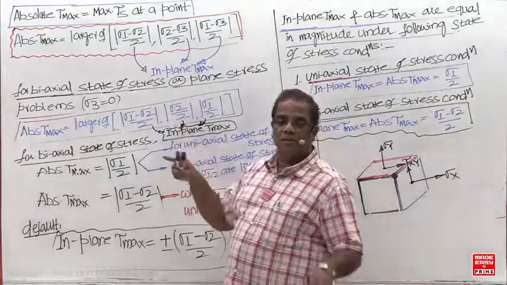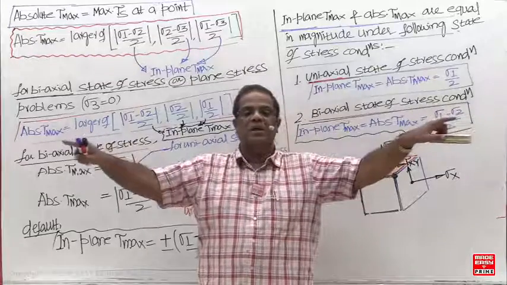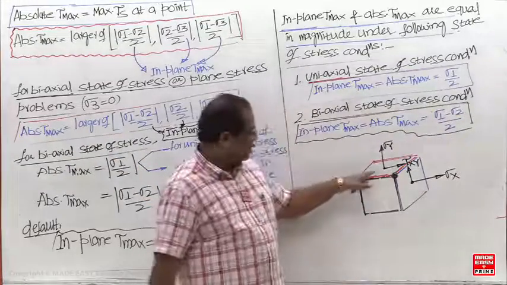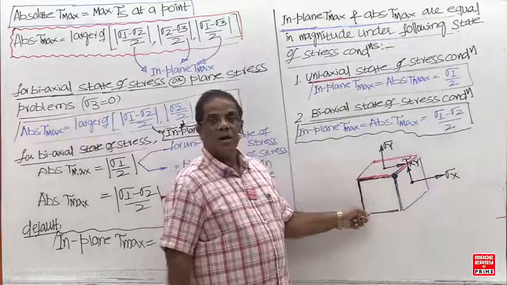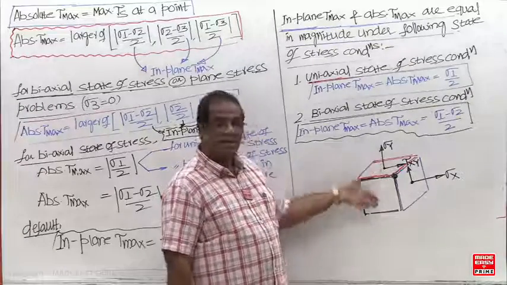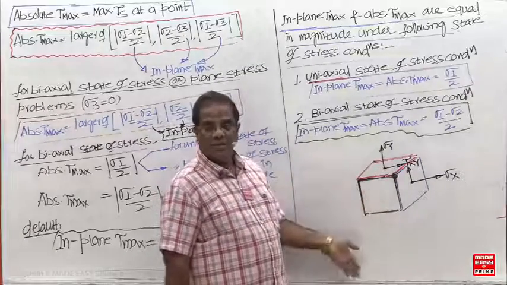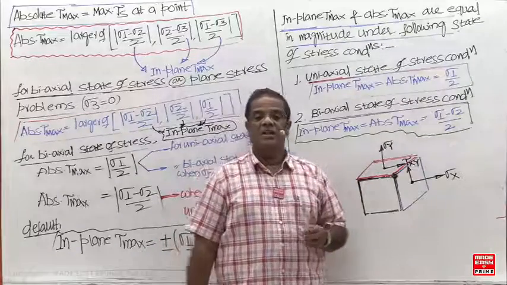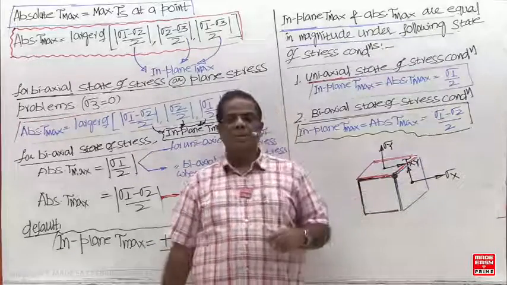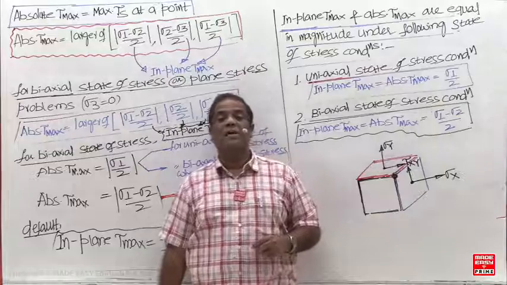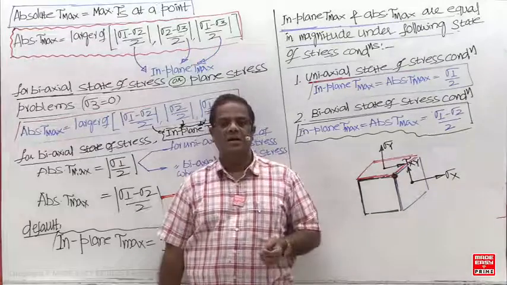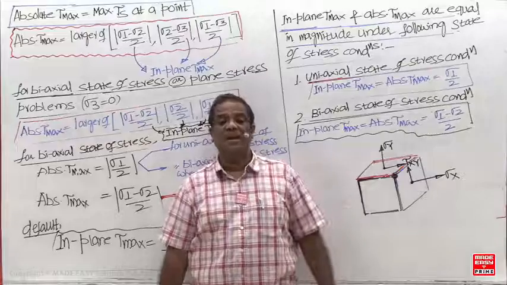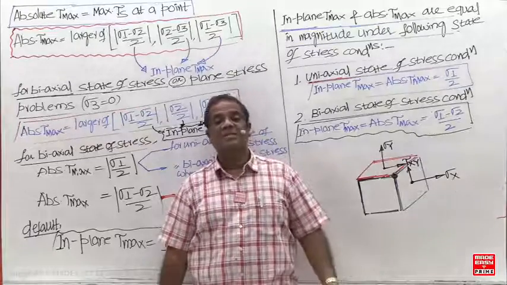In the uniaxial case, tau max is equal to sigma 1 by 2, as when a bar is subjected to pure axial load. Similarly, when the point belongs to these two, it becomes uniaxial, with no stress on the z face, only on the y face. So what is the actual method? Minus 1 by 2 (sigma y minus sigma z) sine 2 theta plus tau yz cos 2 theta: sigma x, sigma y, tau xy are replaced by sigma y, sigma z and tau yz.